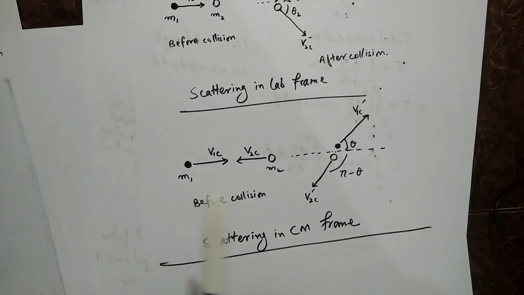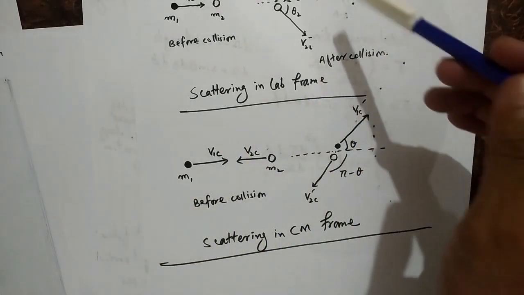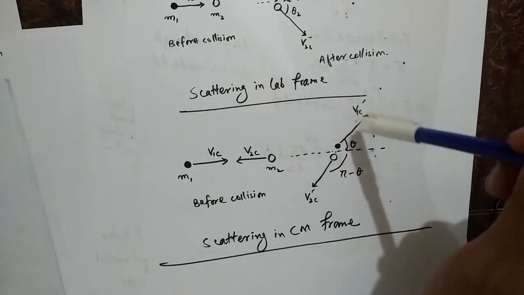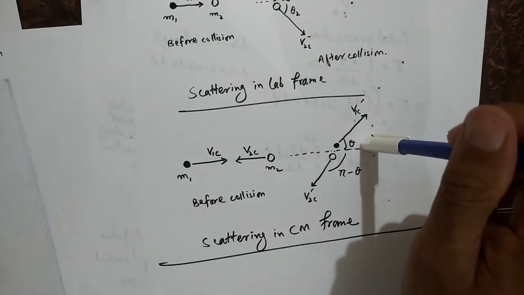To find the connection between the lab and CM cross sections, we need first to find how the scattering angles in one frame are related to their counterparts in the other. We are going to study how these thetas are related in both reference frames.